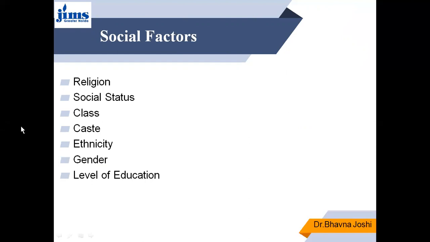Then caste system, again another social factor. Ethnicity, the gender, and the level of education, at what level of education you have attained, what is your level of education. That also contributes to the social difference in socialization process.